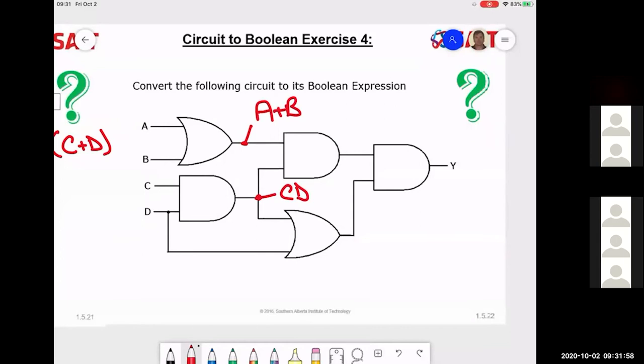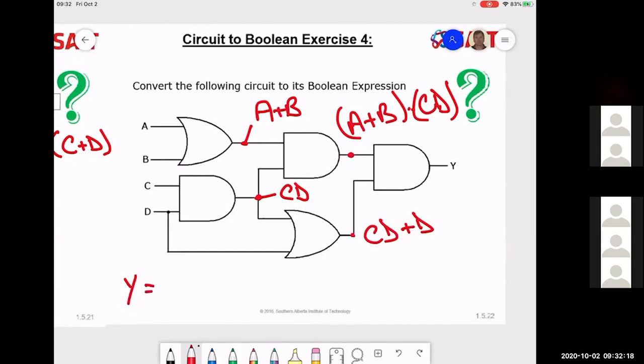And then the upper one would be A or B and C and D. And then the lower one would be C and D or D. And then the last one would be A or B times CD and CD plus D.